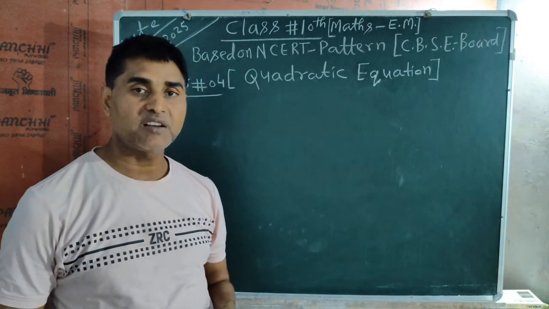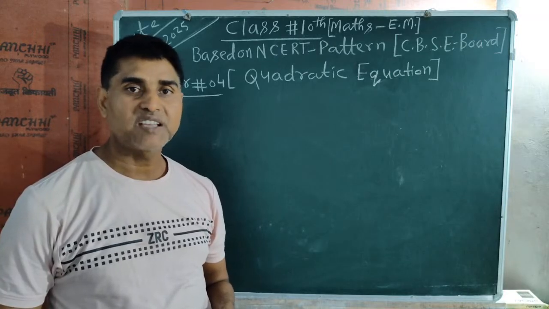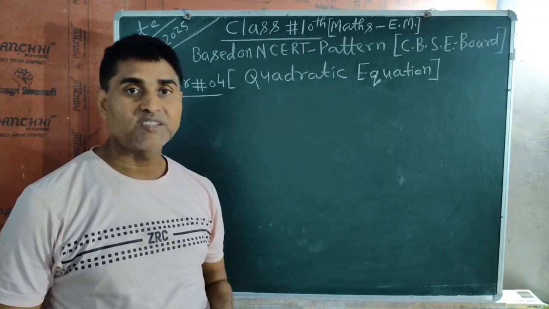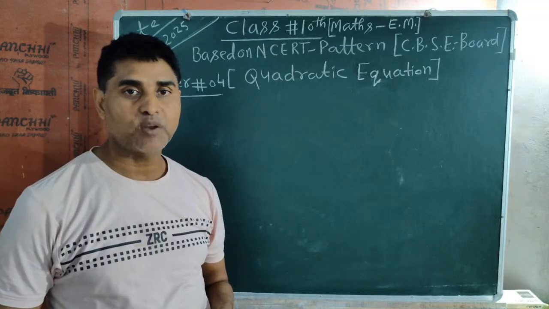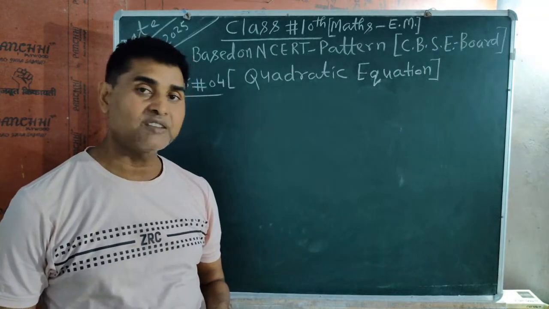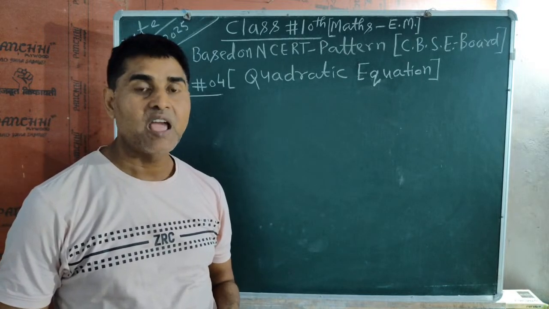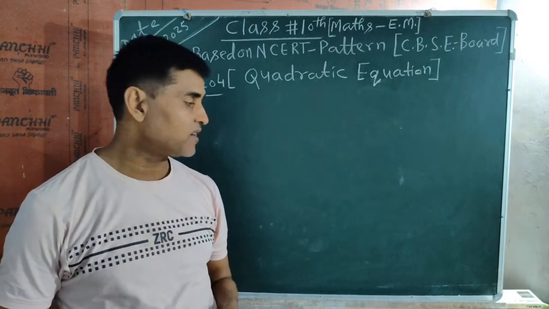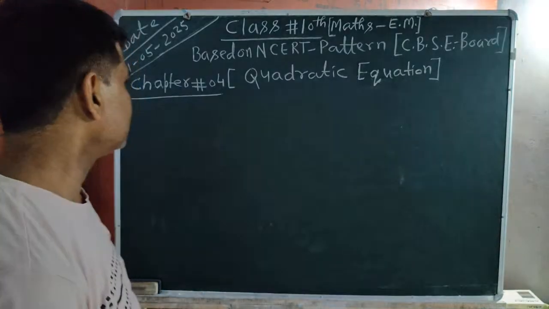There will be 3 conditions, and I will explain all of them in detail. Now the next step is solution of a quadratic equation by the formula method. I will use the formula and then we will get the roots of the given quadratic equation. Okay student, one by one I will explain in detail.